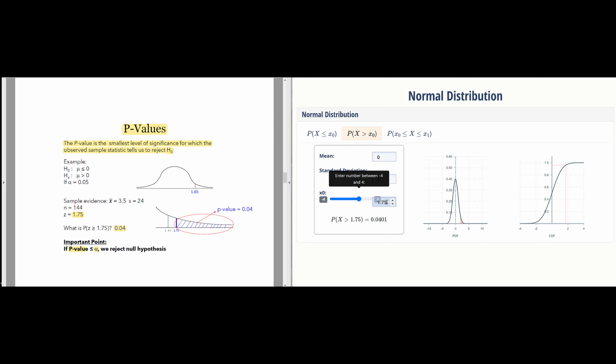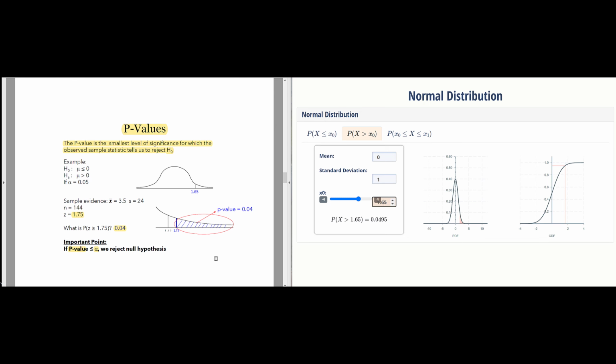When I plug in the specific z-score of 1.75 as my lower bound for the probability of something being greater than that, this is where I get this probability of 0.04. Okay? Whereas 1.65 is where, as we probably have memorized, we get the 0.05 from, approximately.